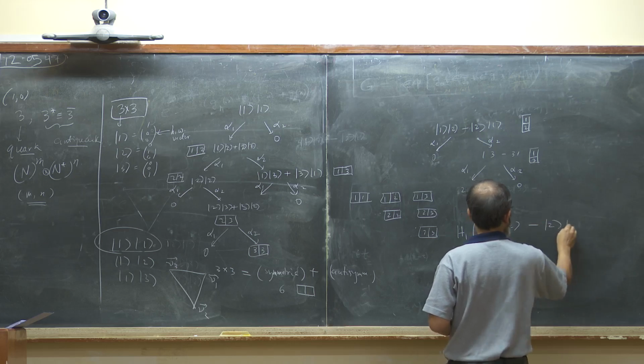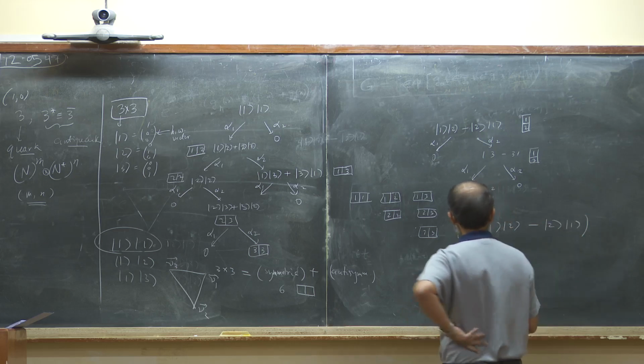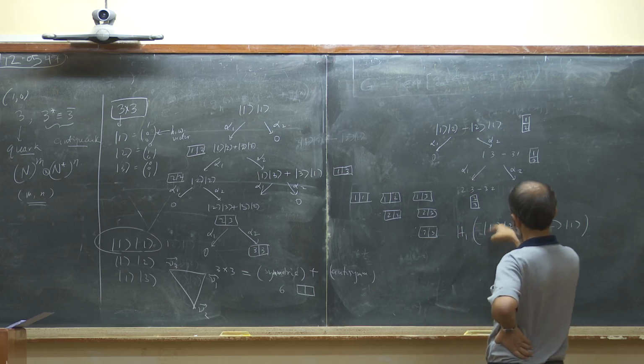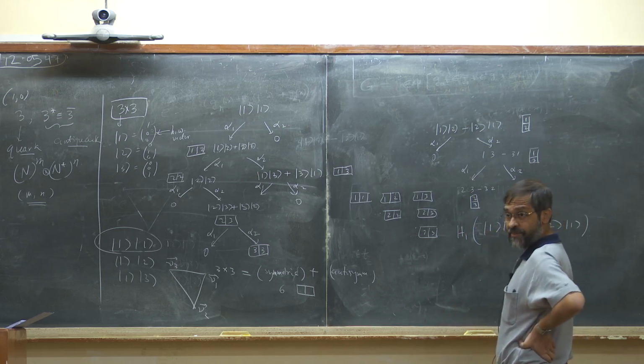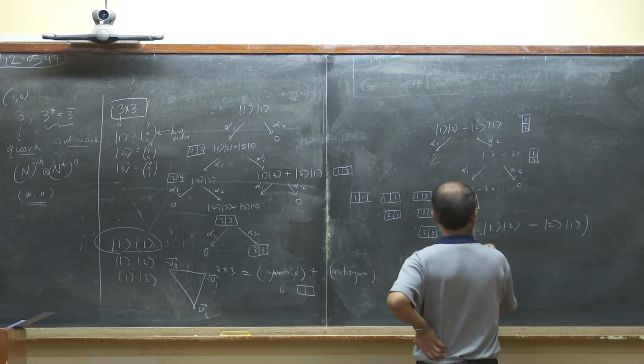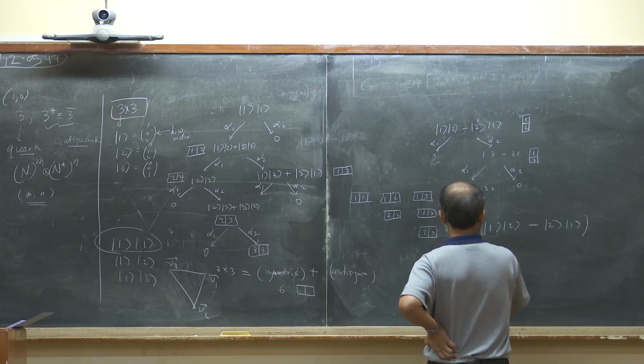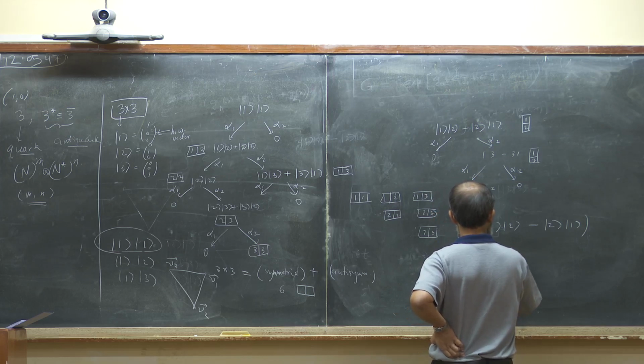Let us act on this only. So this will give you H1 on 1, that times 2, plus 1 times H1 on 2.